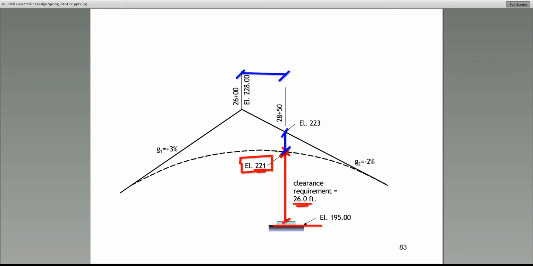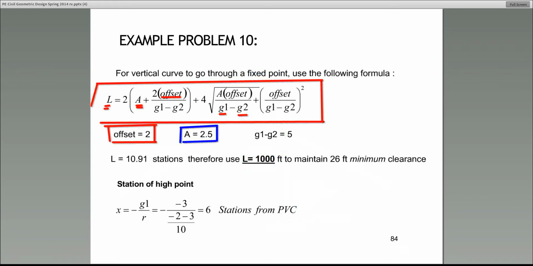In this case, station 28 plus 50 minus station 26 plus 0. So what do you get? 2.5 in terms of stations. Did everybody see how I got that? So A is the distance in terms of stations between the station you're interested in and the station of the PVI. In this case, it comes out to be 2.5.